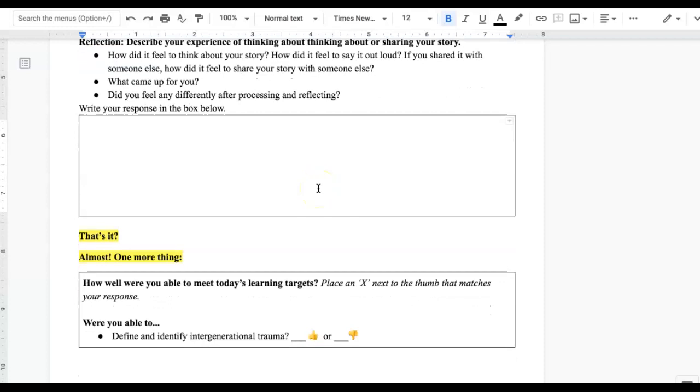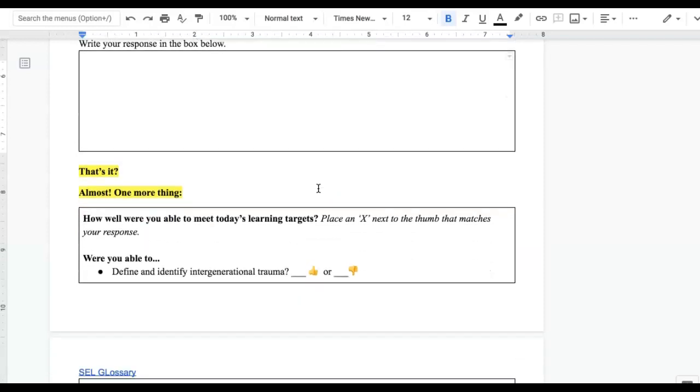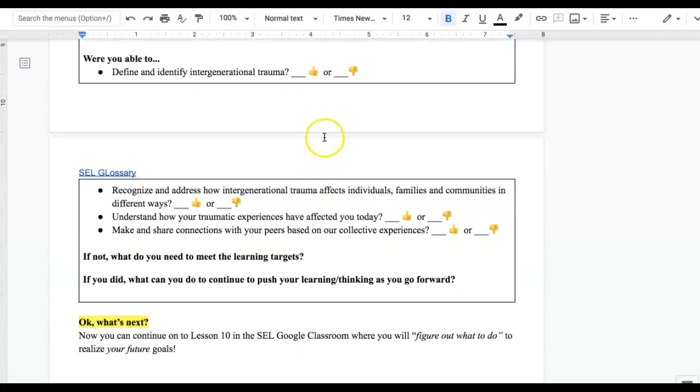That's the exercise. One last thing that we want you to do is to check that you were able to meet all of the learning targets. Check off all the boxes here. Then think again about whether you were able to meet all the learning targets.